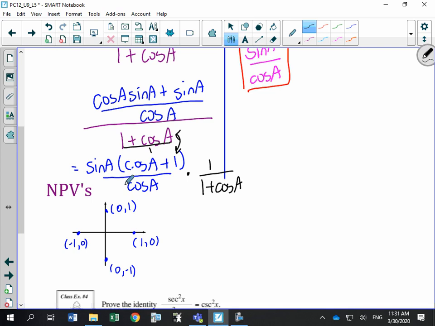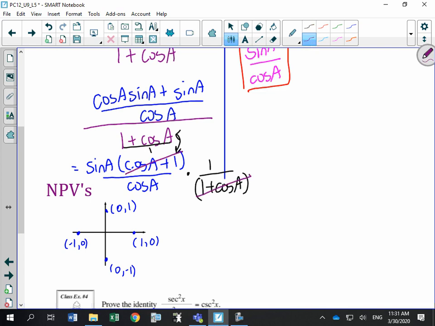What you should see when we multiply fractions, if I put this in a bracket, is that the cos of A plus 1 and the 1 plus cos of A are identical. And because we're multiplying, I could cancel the numerator and this denominator. So this would cancel with this.